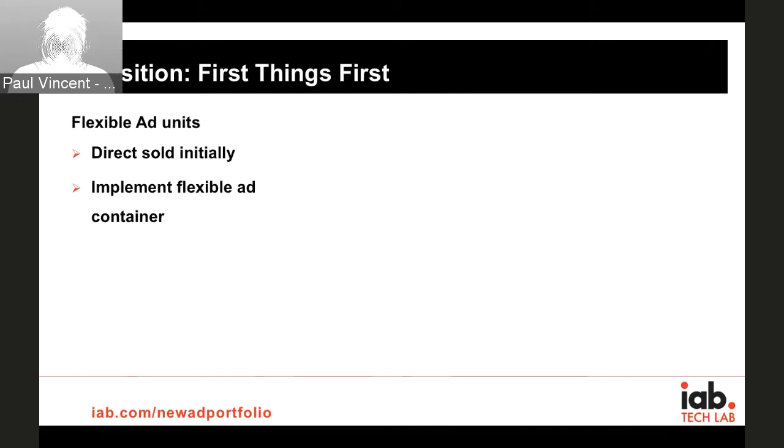We think that over time the flexible ads will be introduced to the programmatic ecosystem, but this is the best first step to get these flexible ads on the publisher's site pages, and then it'll form the impetus for moving into programmatic.